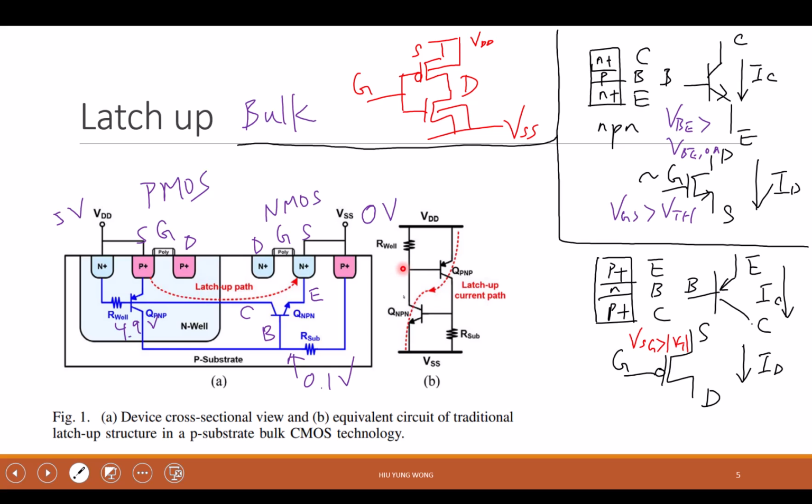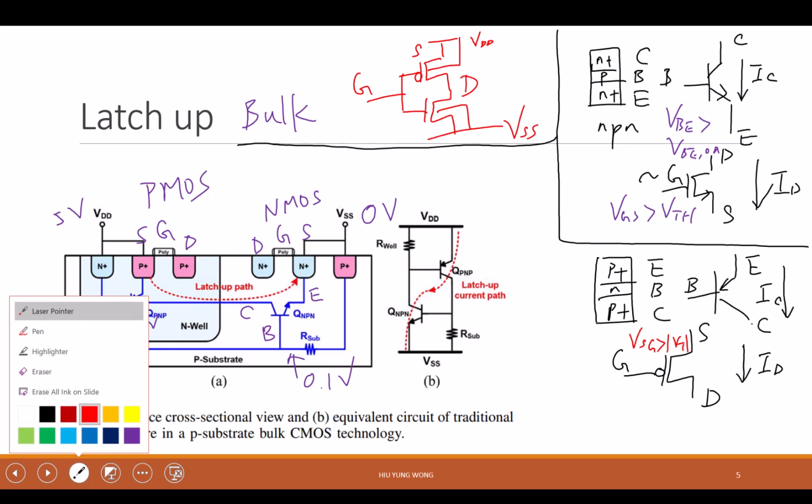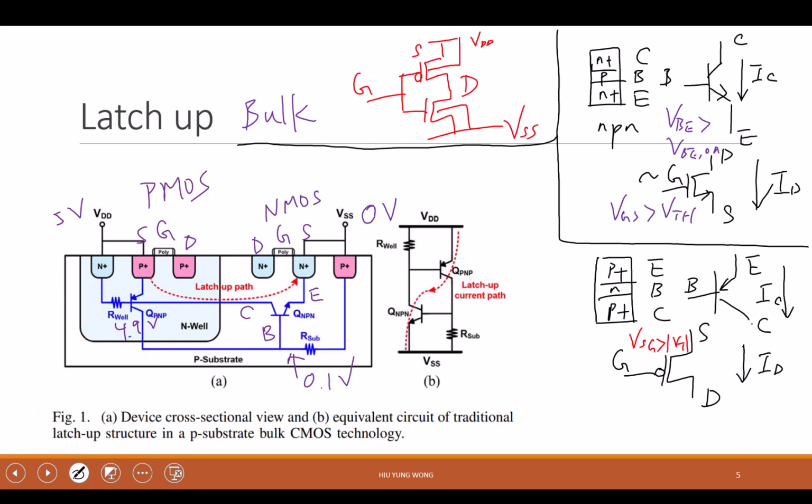Maybe this is VDD, and this is 0, or we call this VSS. So if this is VSS, fine. This is off. This is VDD. Again, this is off because it's PNP, right? So nothing happened. That is what we want.